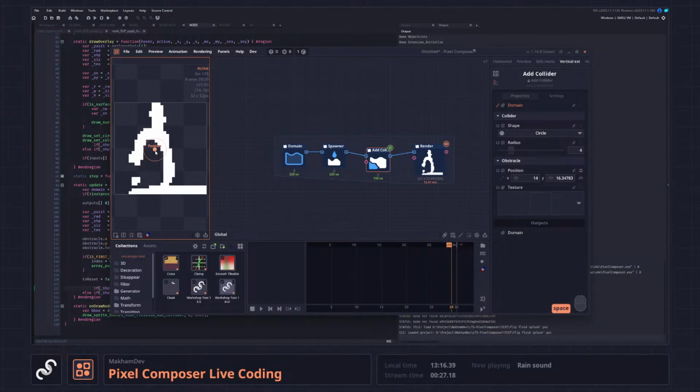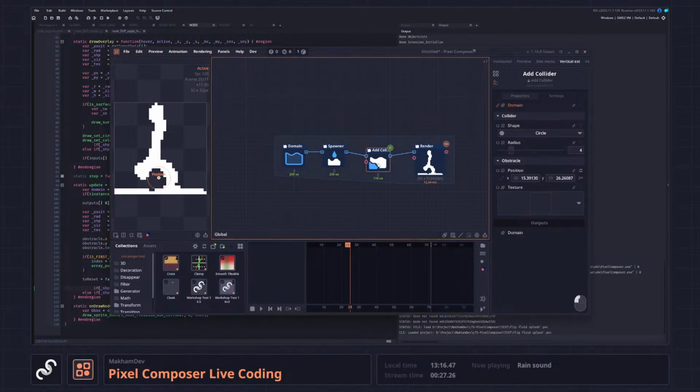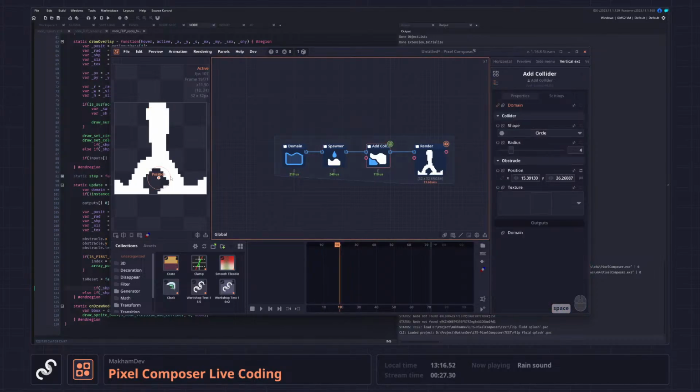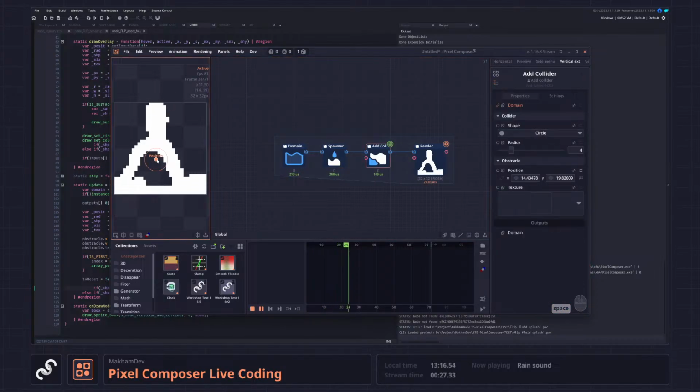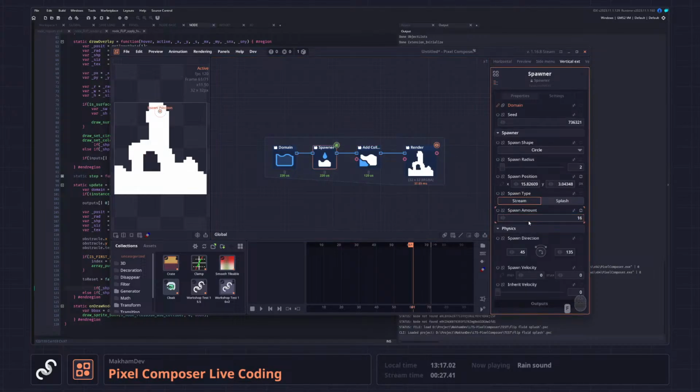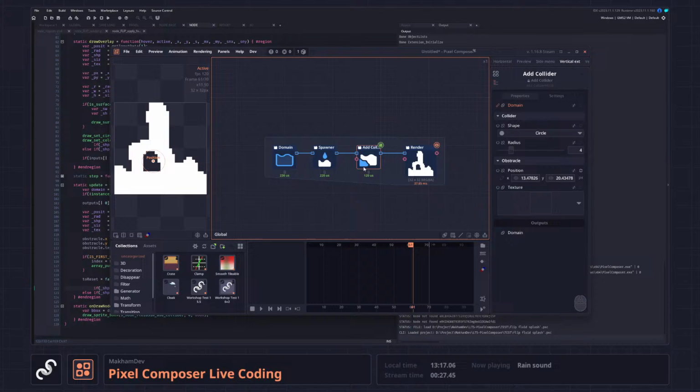I mean, yeah, that worked quite well actually. This worked very well. Okay, we're cooking with gas now. Whoa, whoa, whoa. The performance is atrocious. But I mean, a performance problem in Pixel Composer, that's big news.